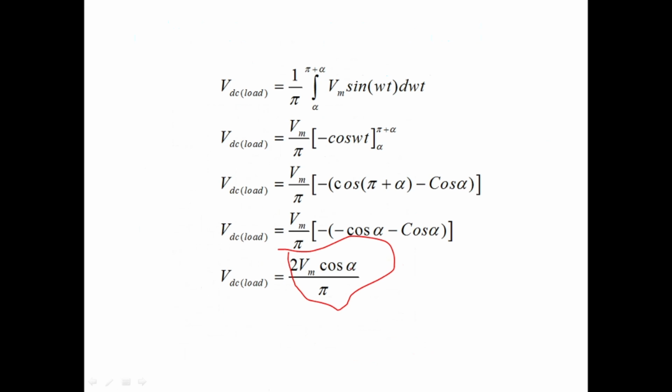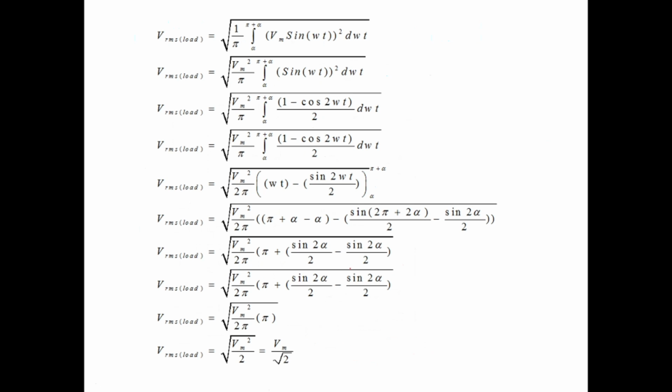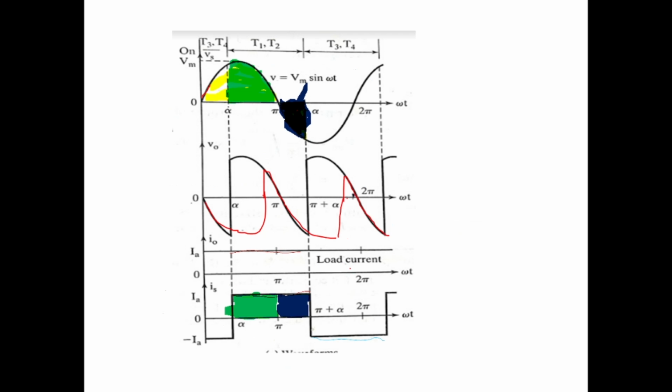That's the reason we say that this is a fully controlled rectifier. We can deliver positive voltage to the load as well as negative voltage to the load. So the load voltage can take positive or negative values. This is the beauty of this fully controlled rectifier.